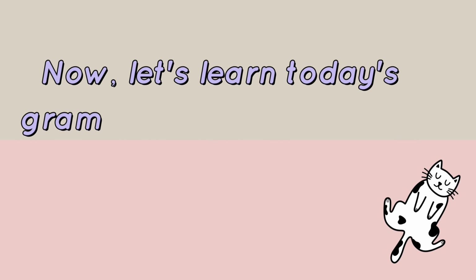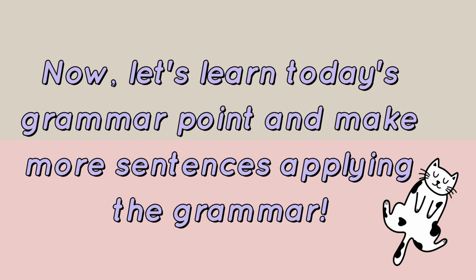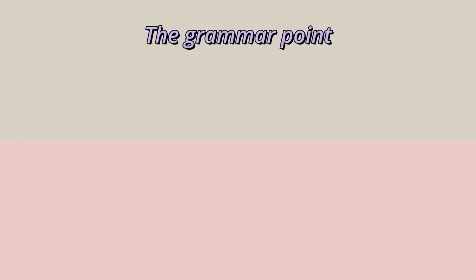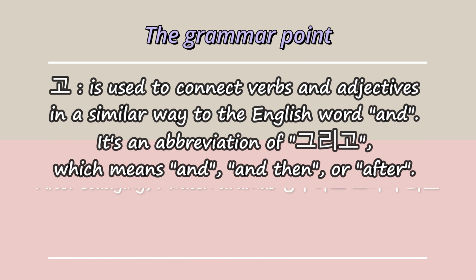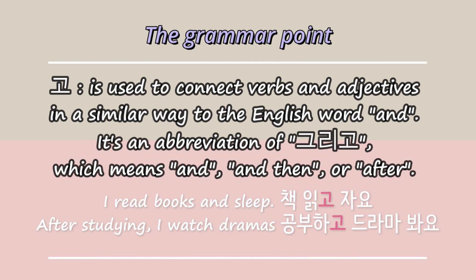Now, let's learn today's grammar point and make more sentences applying the grammar. Today, we are going to learn the Korean grammar 고. 고 is used to connect verbs and adjectives in a similar way to the English word and.